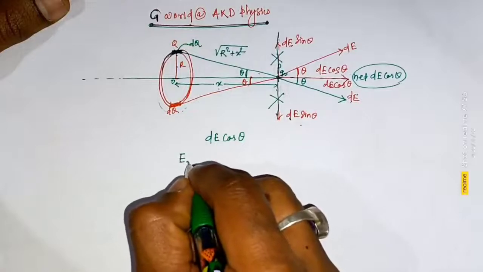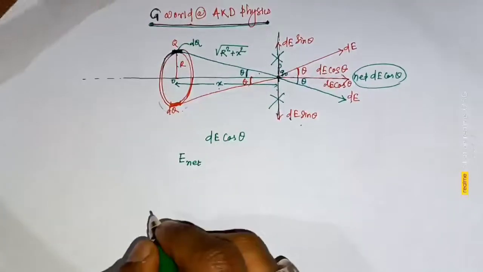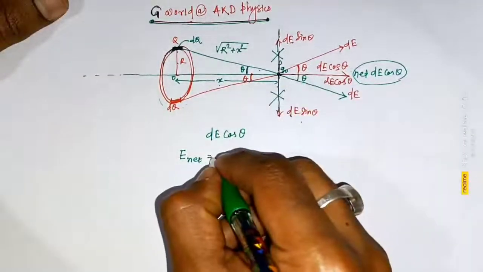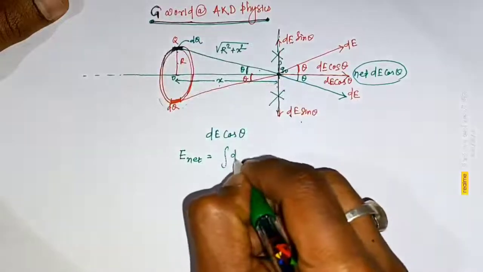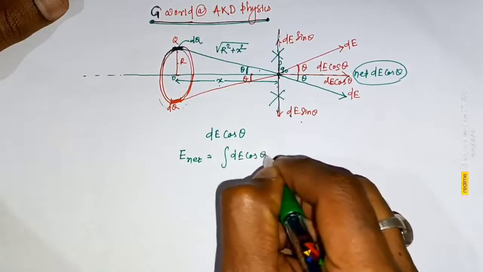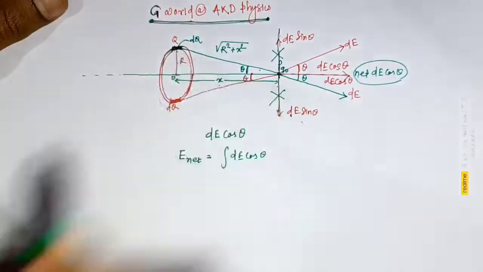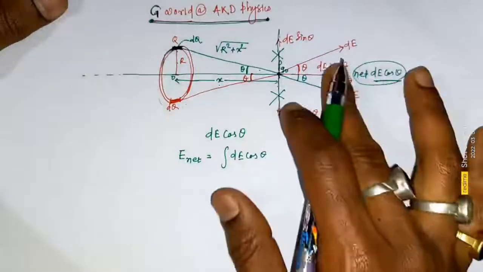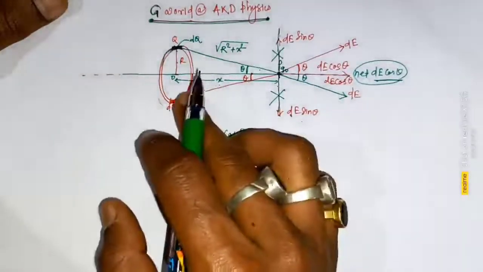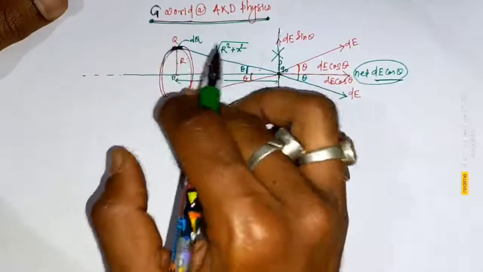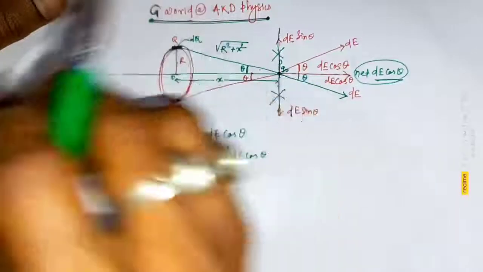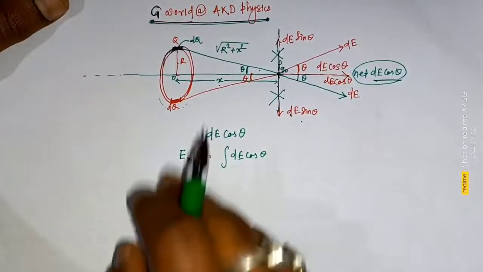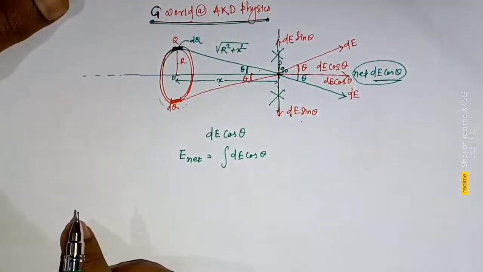So if I want to find the net electric field at this point, can I integrate this dE cos theta? Yes. Due to this small element, the electric field is dE cos theta rather than 2 dE cos theta, because this is an extended body and these two are parts of the extended body, not two different things we are talking about.